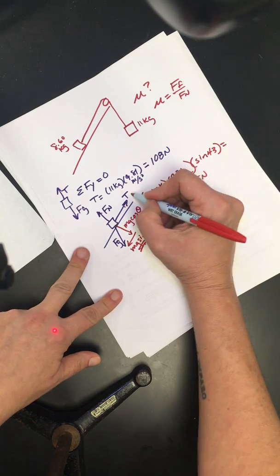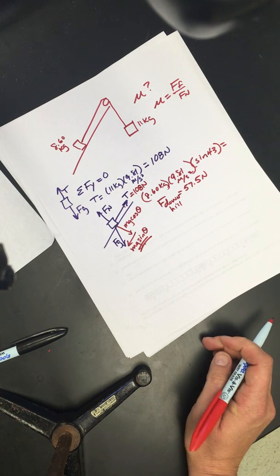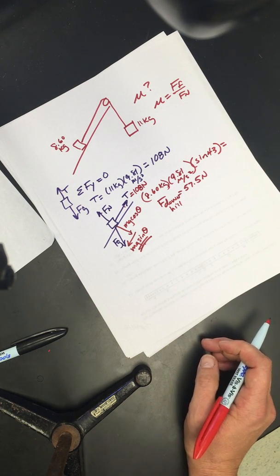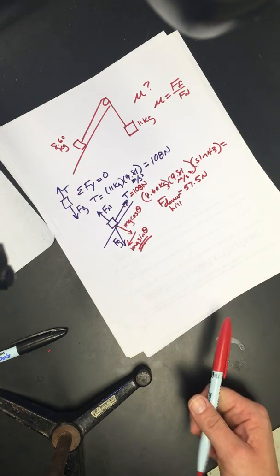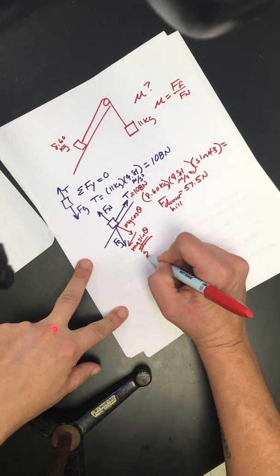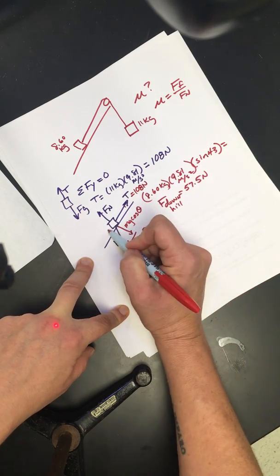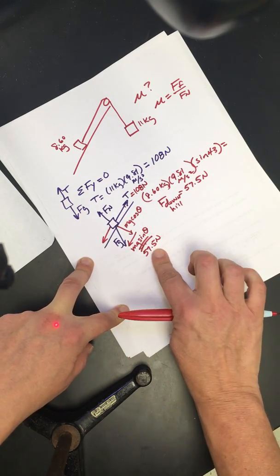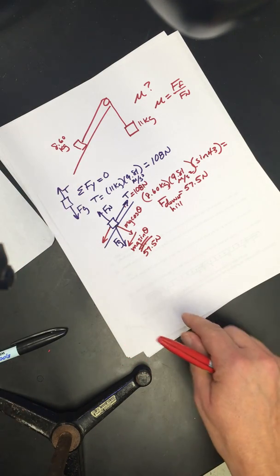And my tension force, as I already know from before, is 108 newtons. Since I have a frictionless massless pulley, it's only changing the direction of the force. So I know it's the same as the one from the hanging mass. So if this one's 57.5 and this one's 108, well, obviously friction's got to compensate for this one because it's not big enough. Otherwise this thing is going to go up the hill.